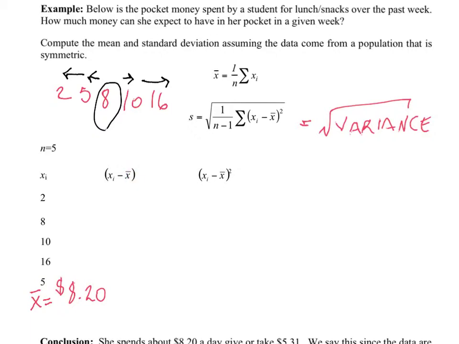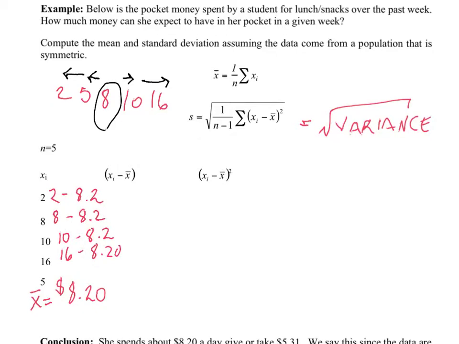Alright, so let's make these calculations. 2 minus $8.20. We're going to take 8 minus $8.20. 10 minus $8.20. 16 minus $8.20.